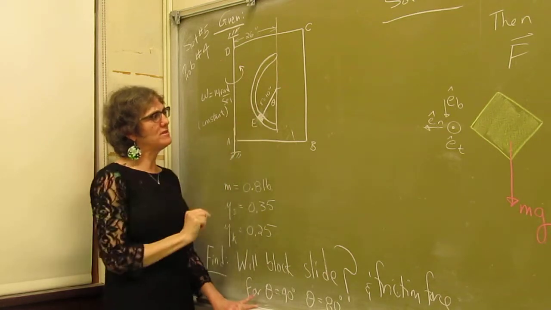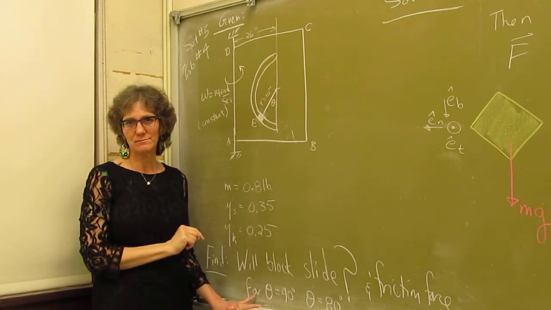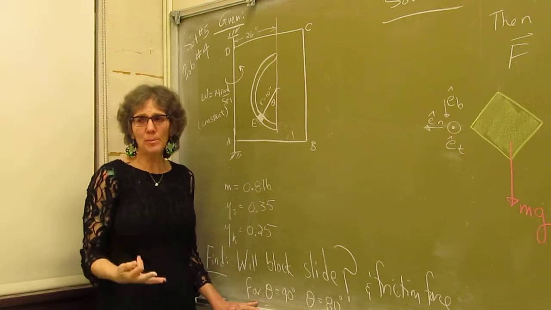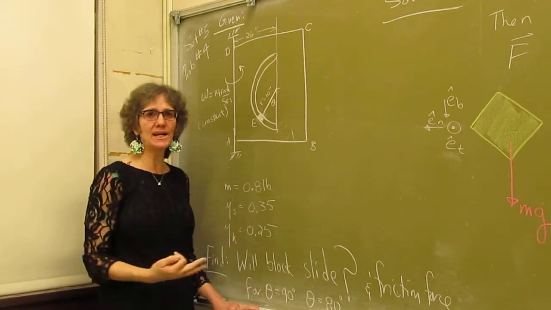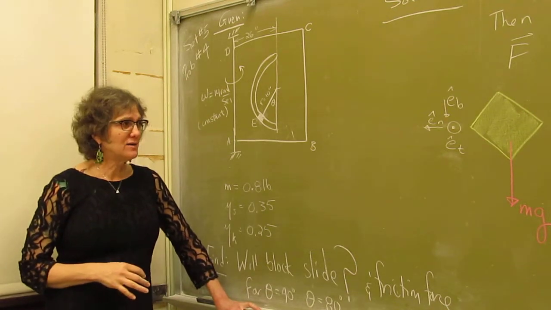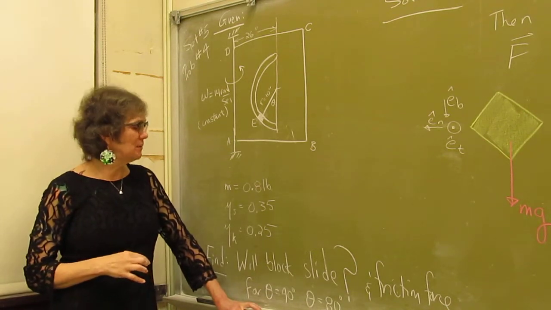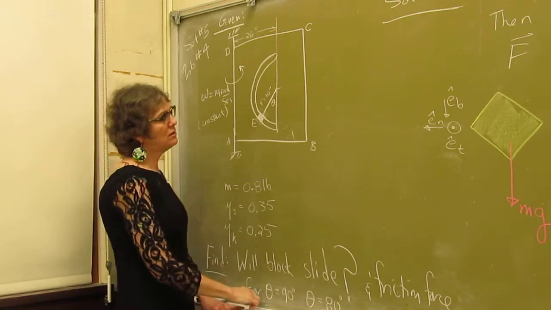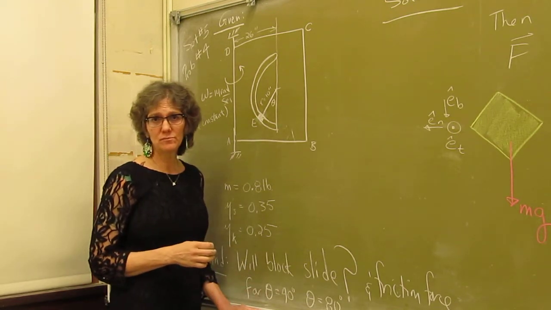So we took away the slot, so we have to represent the forces that the slot is exerting on the block. It's a little bit complicated because this is a three-dimensional problem.